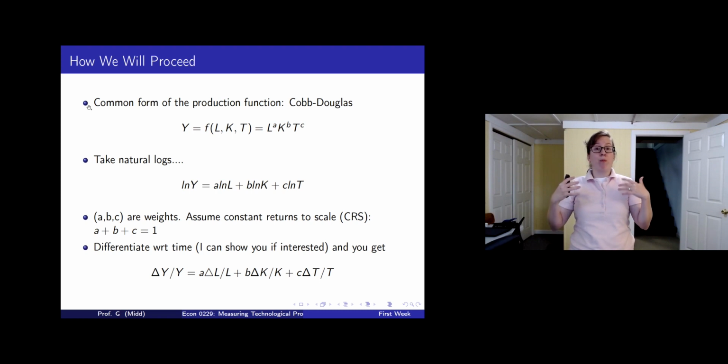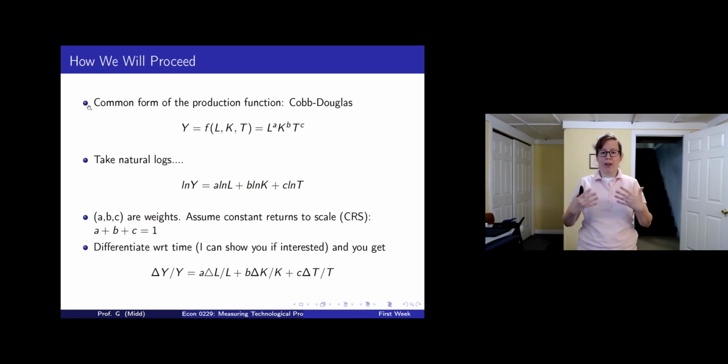But we're going to work with an even more versatile form of this production function, which is one expressed as percentage changes. If you differentiate this production function with respect to time, what you can arrive at is a slightly different form of it, which is really useful.